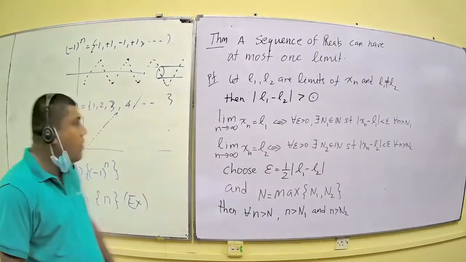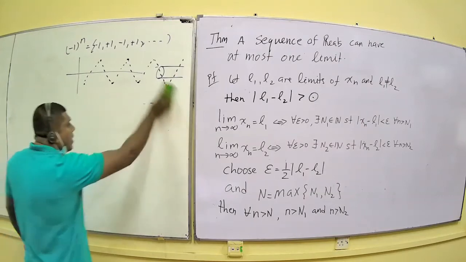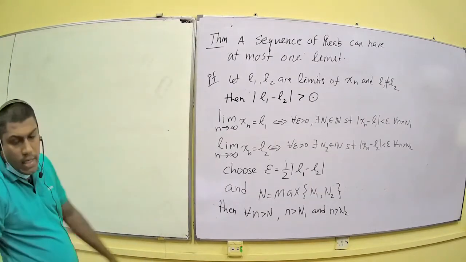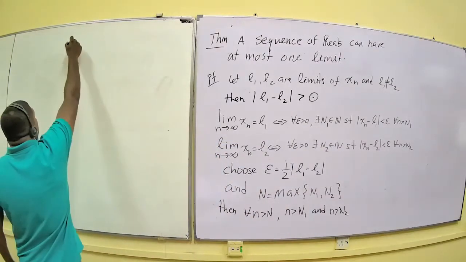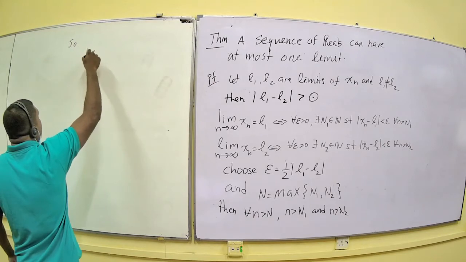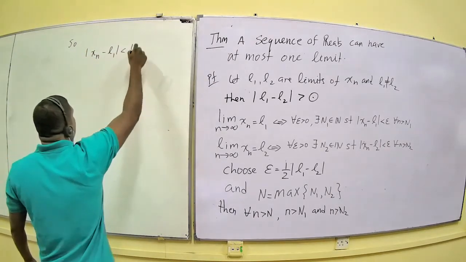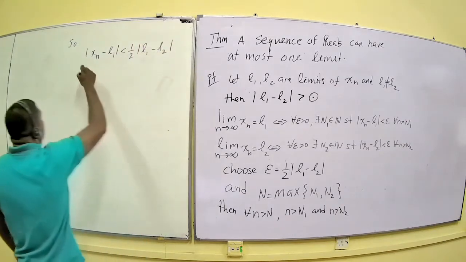So now you combine both n1, n2, and also you have an epsilon. The two relationships can be combined as well. So actually, |xn − L1| is less than half of |L1 − L2|.